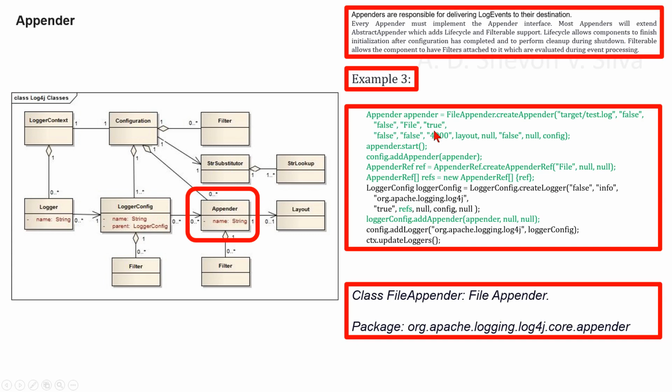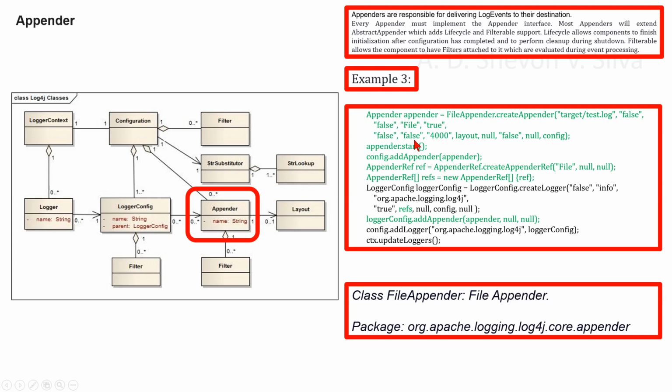true if the content should be flushed on every write, false otherwise. This is ignore exceptions. If true, the default, exceptions encountered when appending events are logged, otherwise they are propagated to the caller.